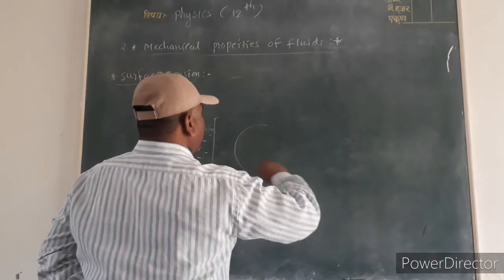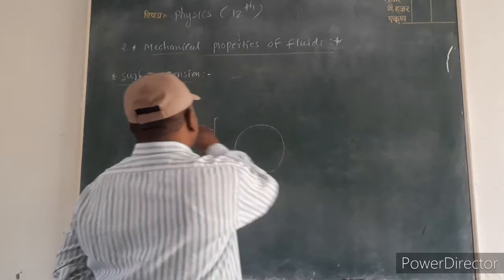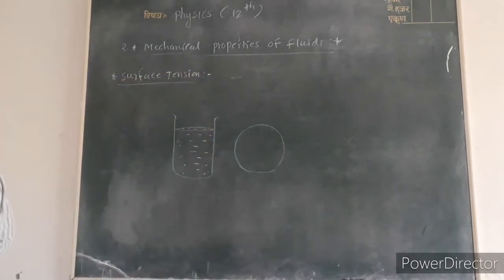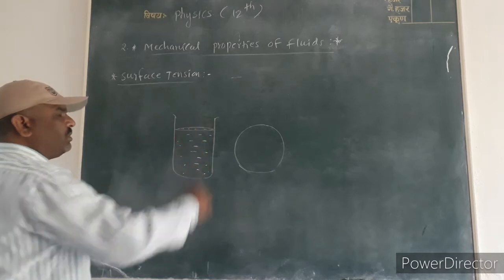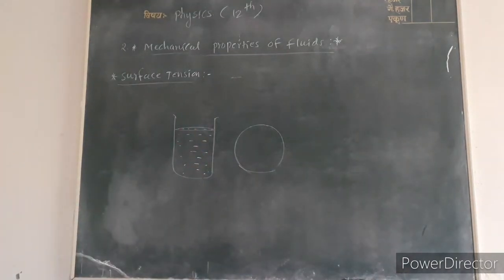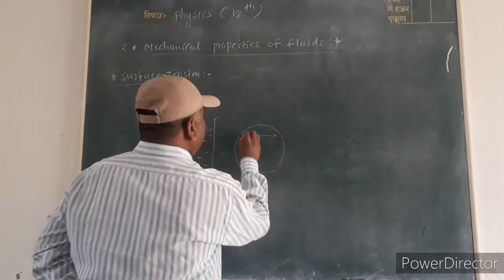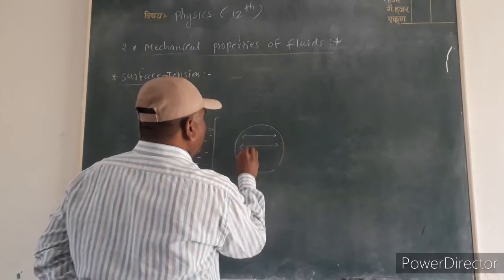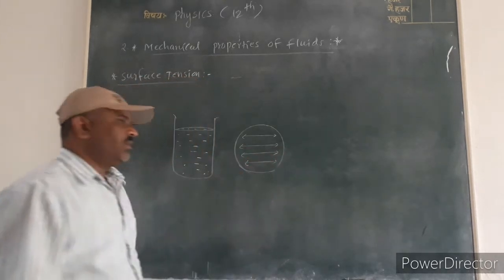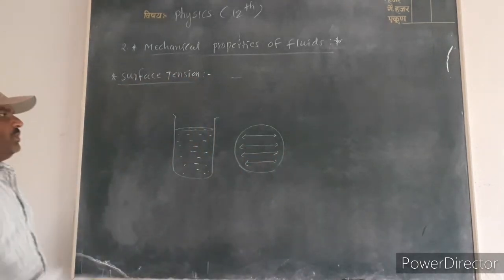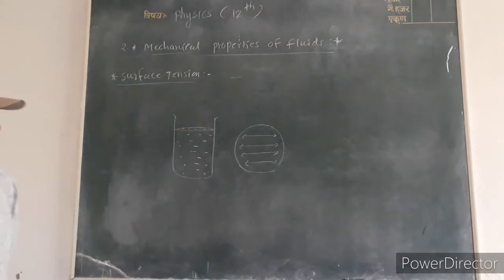Suppose this is the shape of the top surface. Above, this is the boundary between air and water. And suppose these are the lines of force or stretched membrane of this interface between air and water.